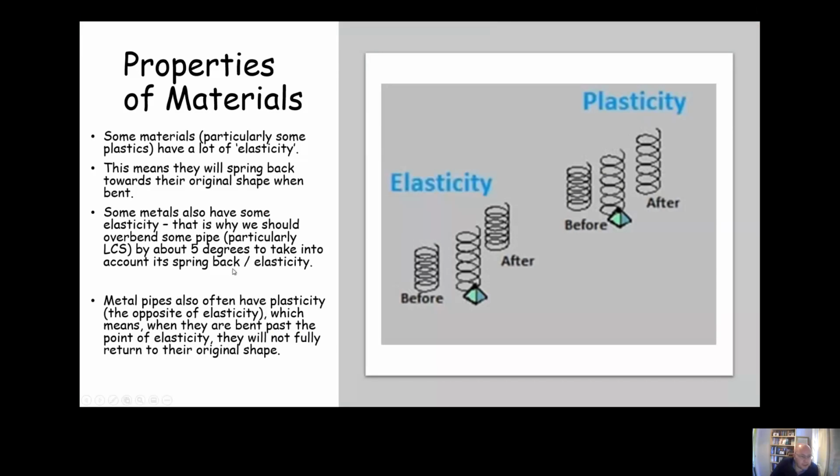So, properties of materials. Some materials have got a lot of elasticity, particularly plastics. When you bend them, they will return back to their original shape. You can see a great example over here. If you have a spring made of one material, you pull that spring and then let go of it, it will spring back to its original shape, and that shows that it's got elasticity.